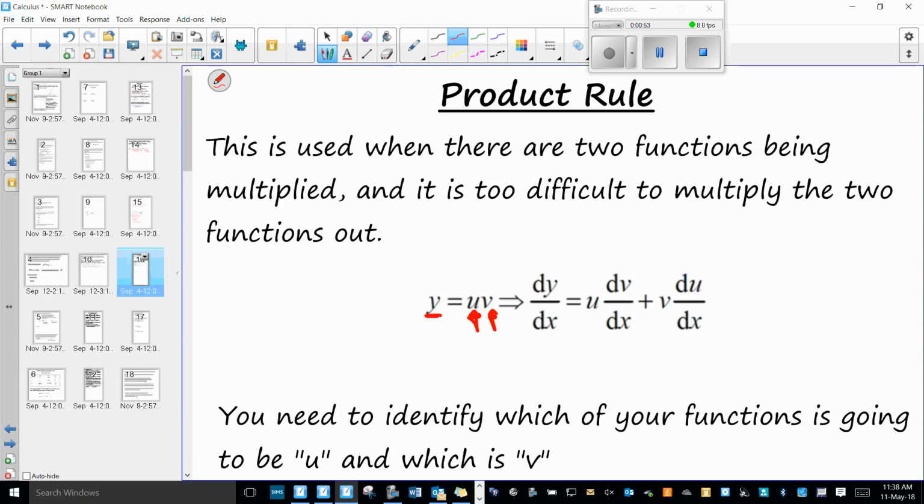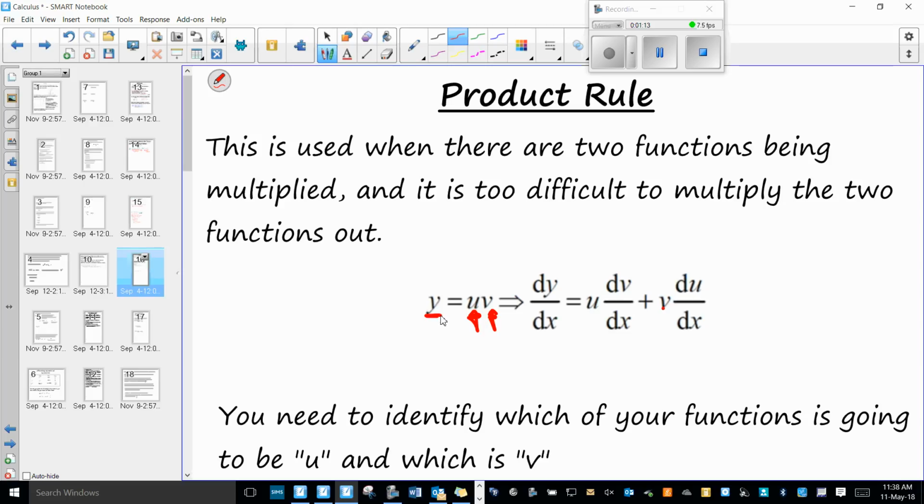So this rule here says we've got u, so we leave u on its own, and what we would do is multiply that by the derivative of the other function, plus v left on its own, multiplied by du dx, which is the derivative of that first function.